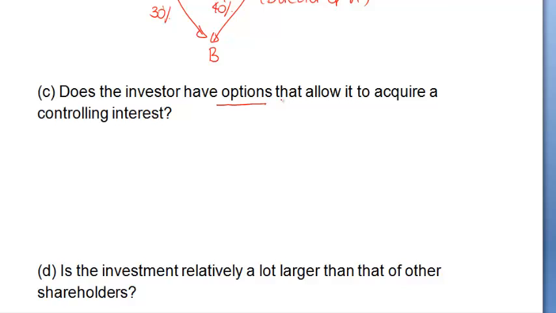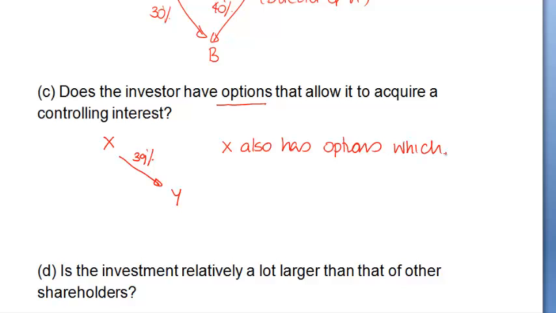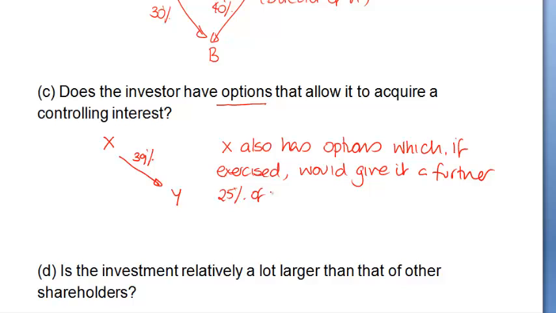The scenario that could arise here is, let's say that X has 39% of Y. X also has options which, if exercised, would give it a further 25% of Y. So therefore, if it exercised its options, its shareholding would go up to 64%. So you can see what happens here from a practical point of view.